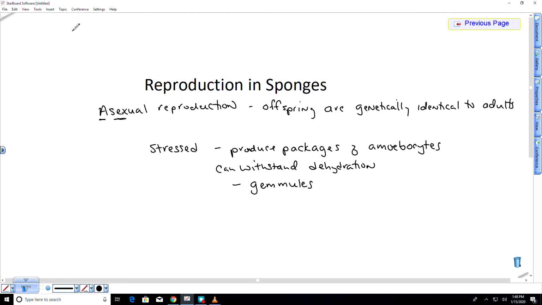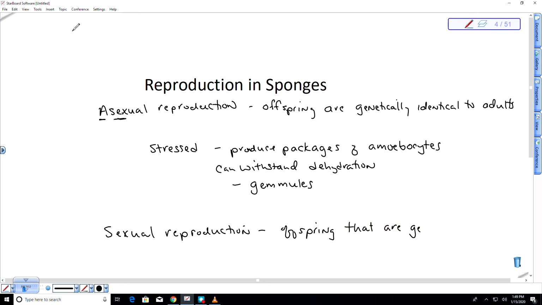So they also reproduce sexually, so sexual reproduction, and this is the production of offspring that are different. So offspring that are not genetically identical. So I'll put genetically distinct.